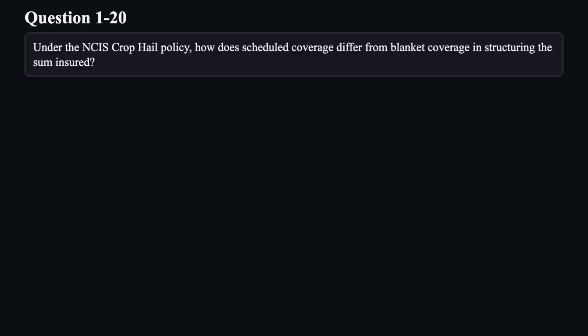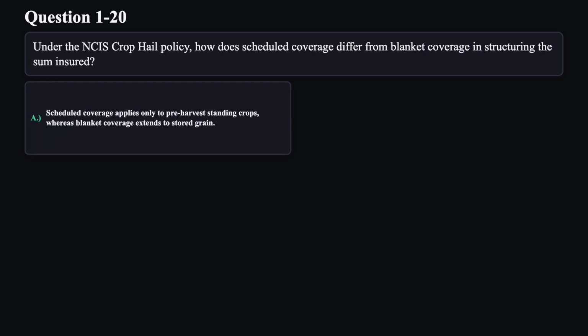Question 20. Under the NCIS crop hail policy, how does scheduled coverage differ from blanket coverage in structuring the sum insured? A. Scheduled coverage applies only to pre-harvest standing crops, whereas blanket coverage extends to stored grain.